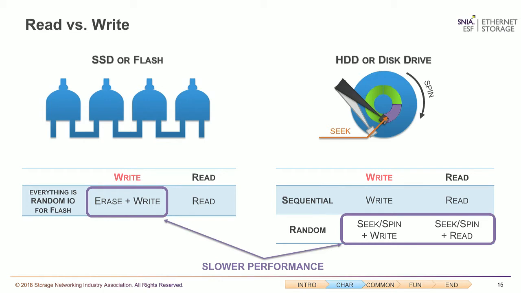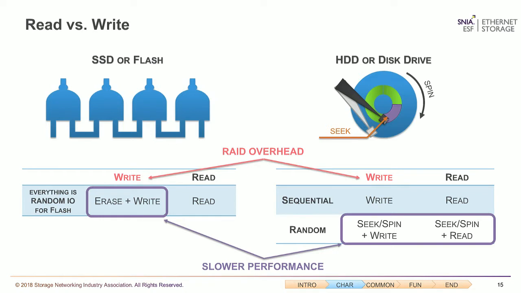Now, overall, flash drives are not infinitely, but orders of magnitude faster than spinning drives. But within that order of magnitude, when you change the bottlenecks and move them away, there's still a slowness on the write compared to the read.